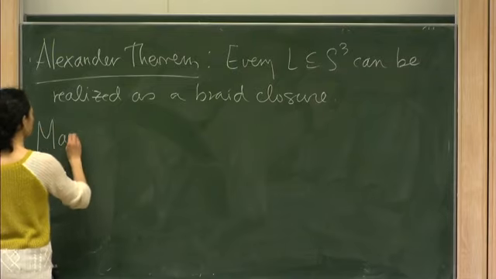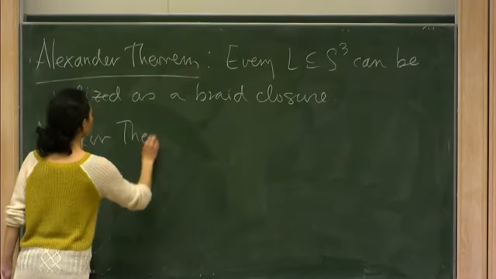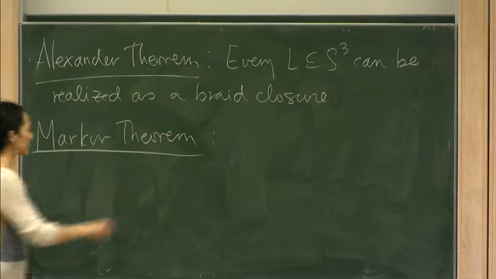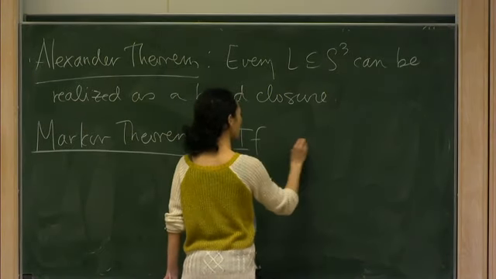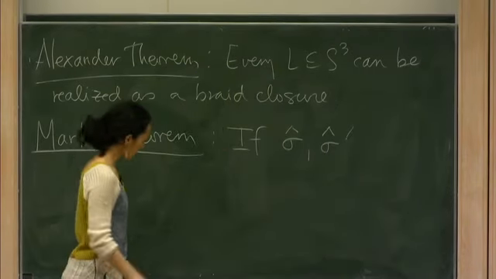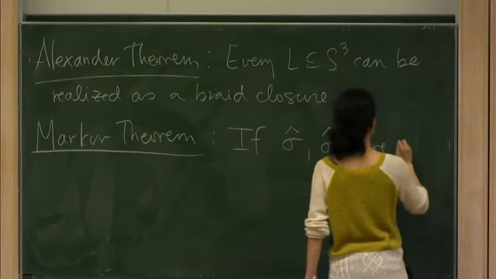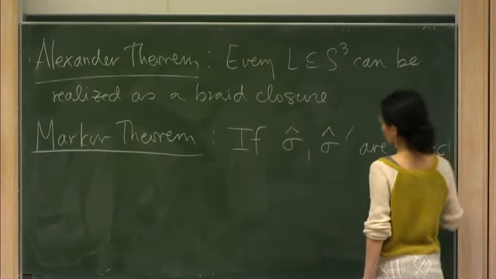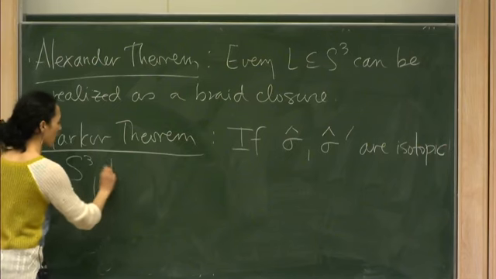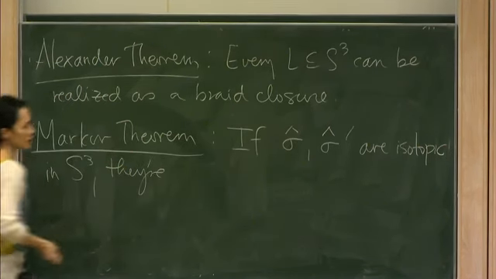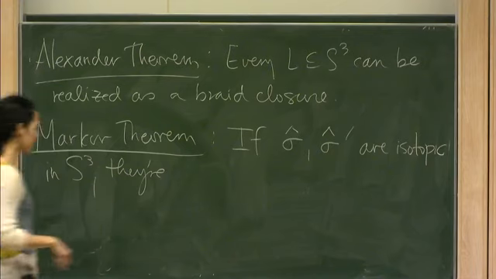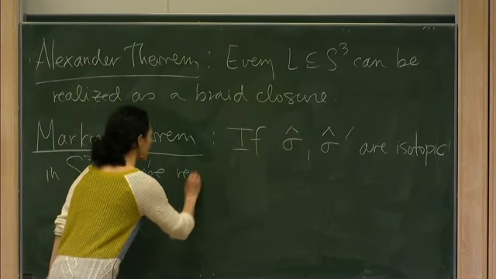And then the Markov theorem, which says that if two braid closures are isotopic as links, then they're related by a finite sequence of so-called braid isotopies, conjugations, and stabilizations and destabilizations.